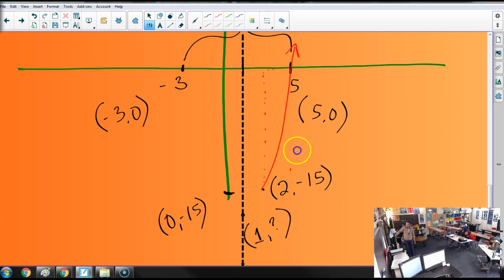So we go up by 3, and we go up by 15, right? The slope is 5, 15 over 3, rise over run. We know it's not actually that, but if we drew a straight line, the slope would be 5.